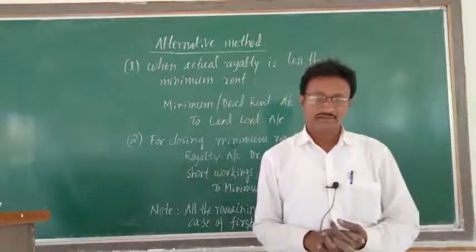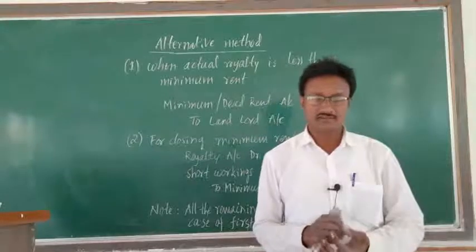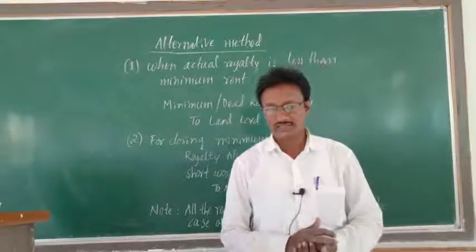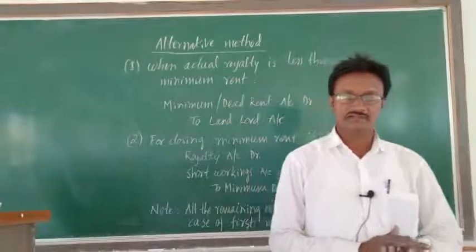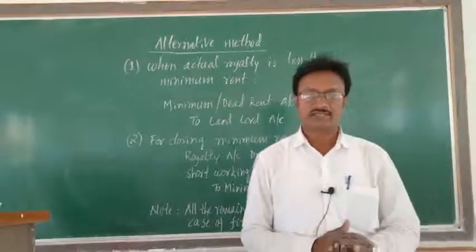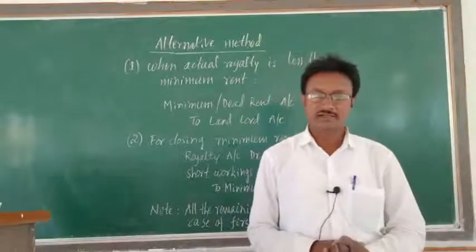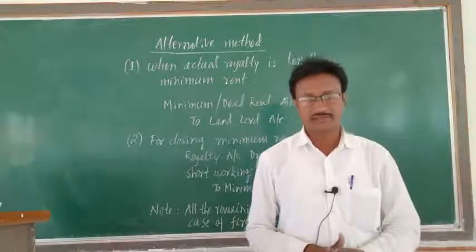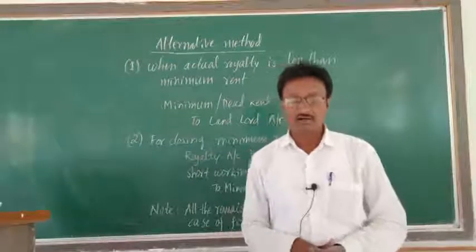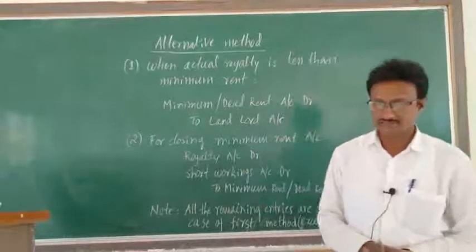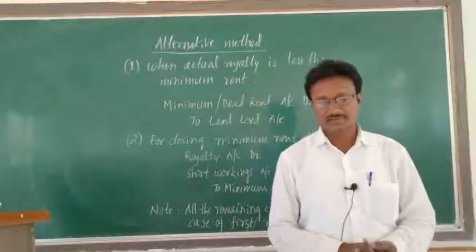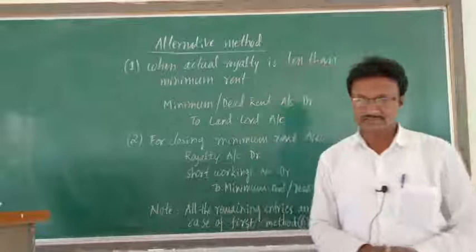And when the royalty account is closed and the balance is transferred to profit and loss account, then the journal entry is profit and loss account debit to royalty account. So all the other entries except entry number 1 are the same in the case of the second method.